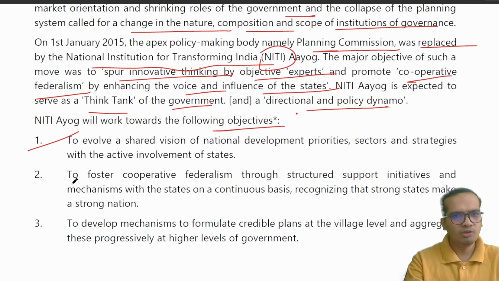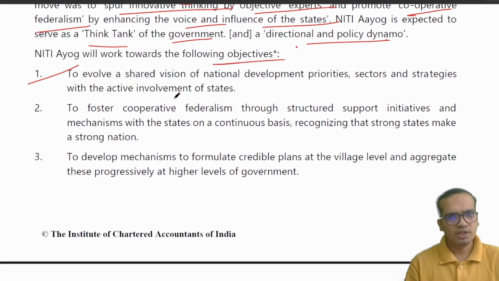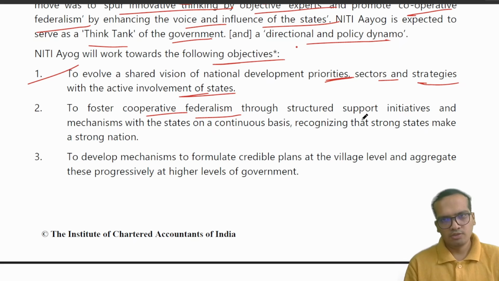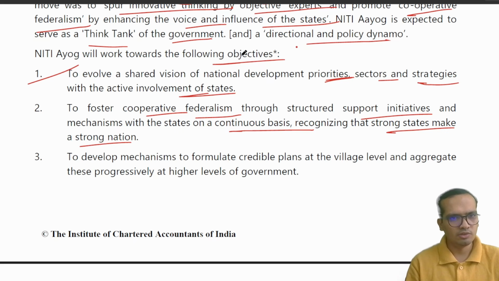First, to evolve a shared vision of national development priorities, sectors, and strategies with the active involvement of states. Second, to foster cooperative federalism through structured support initiatives and mechanisms with the states on a continuous basis, recognizing that strong states make a strong nation.